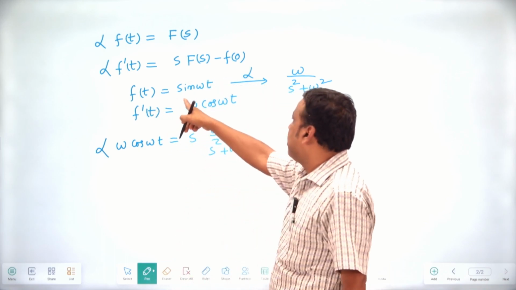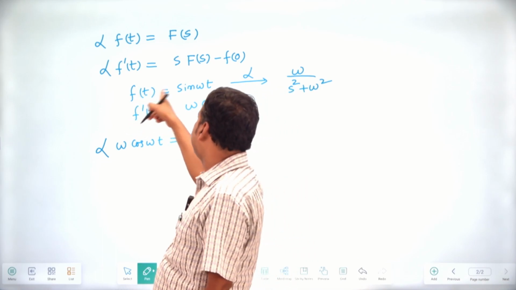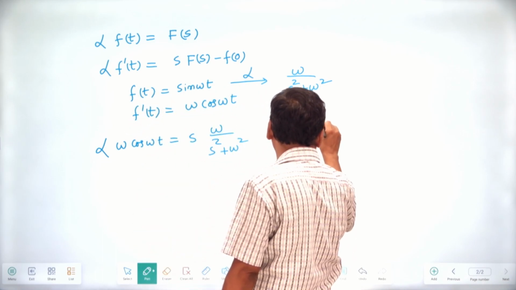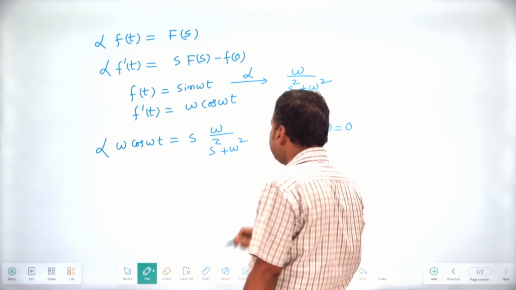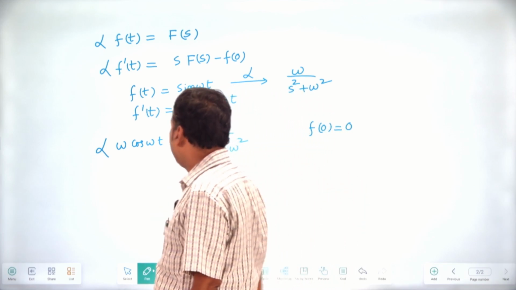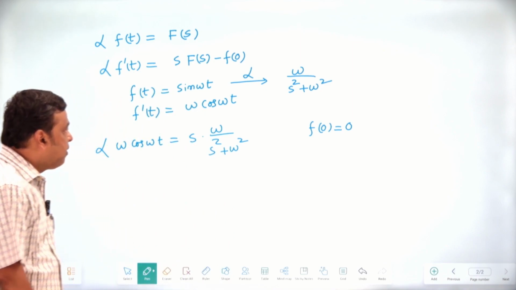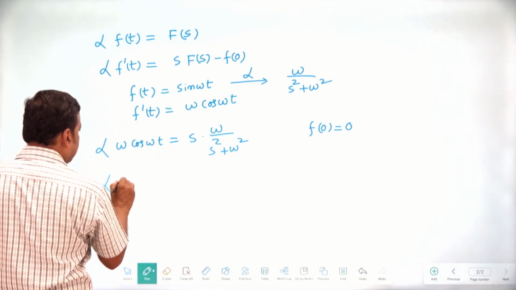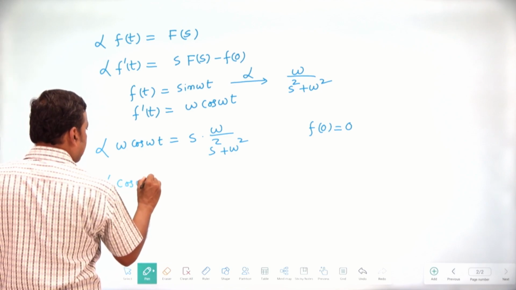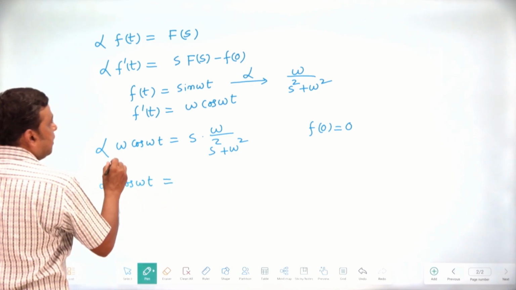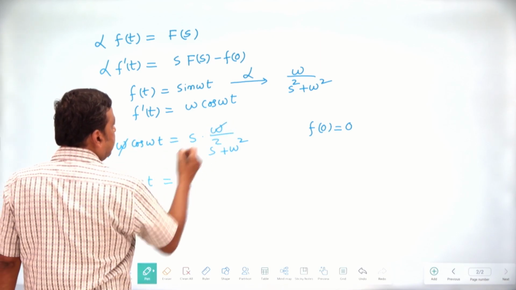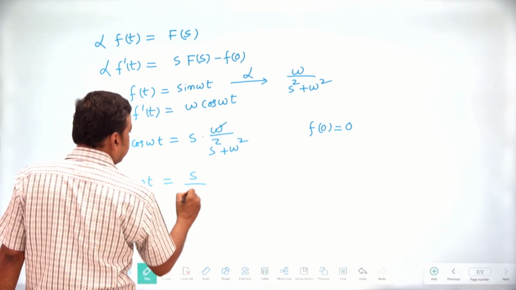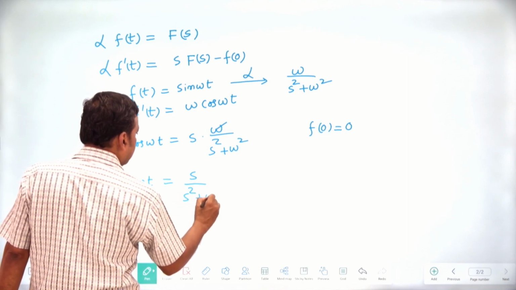If f of t is sin omega t, at t equal to 0, f of 0 is sin 0, which is 0. From this expression, omega cancels out, and the Laplace transform of cos omega t is s by s square plus omega square.